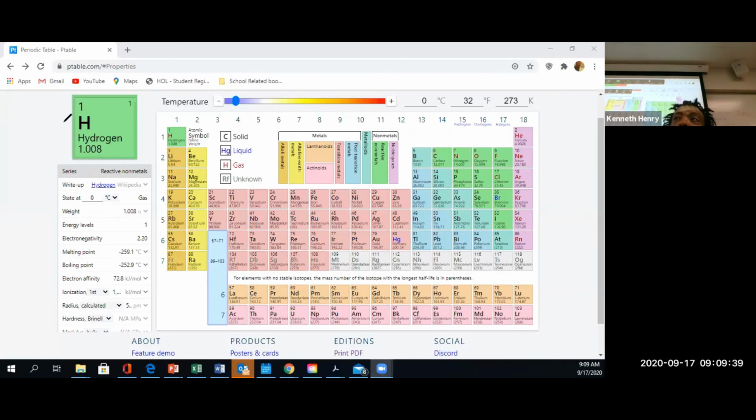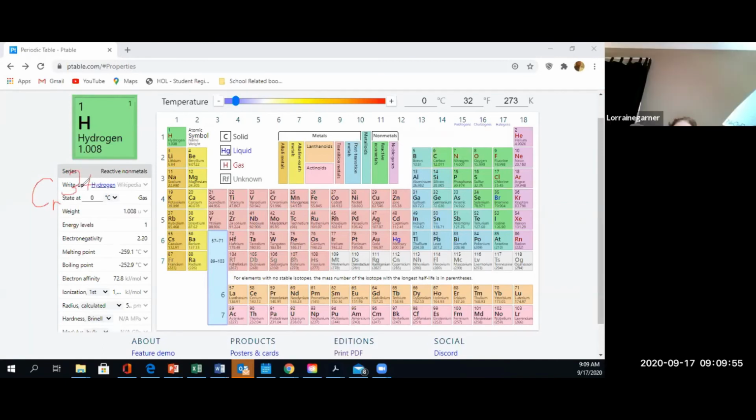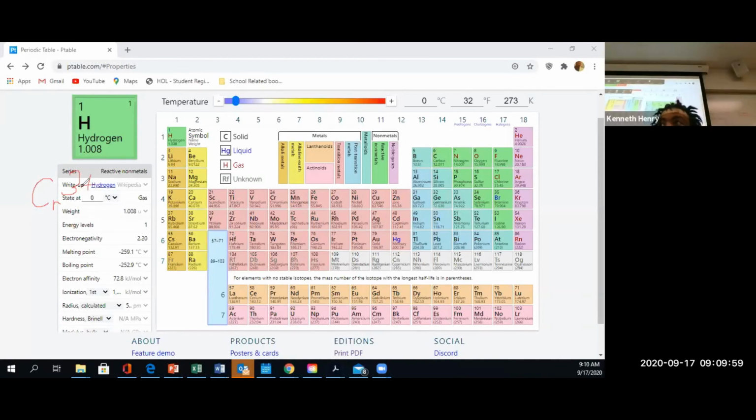So if you're losing electrons, do Cr3+. First thing you're going to do is write down the electron configuration for Cr.